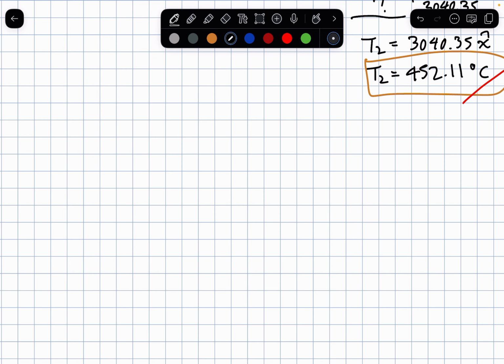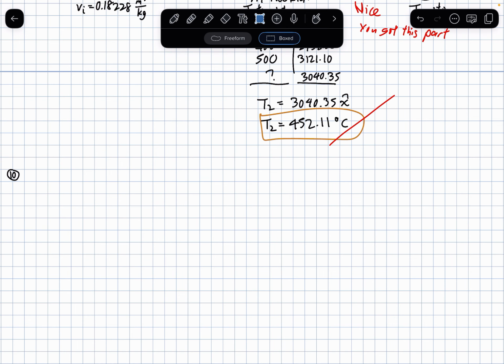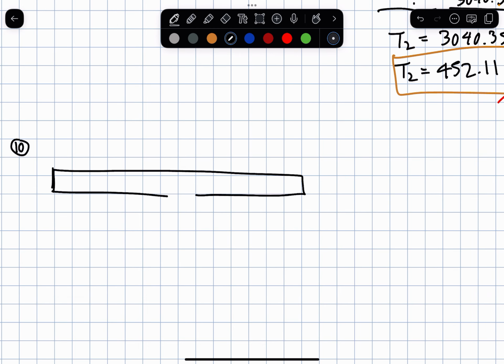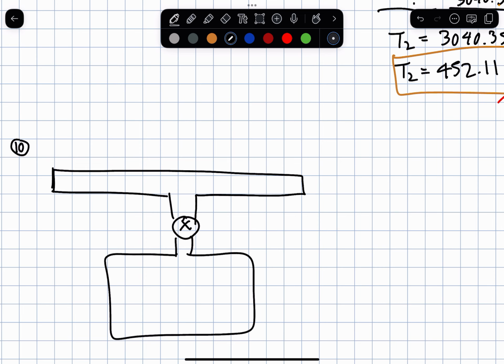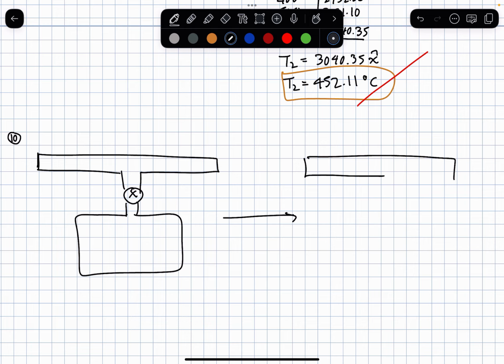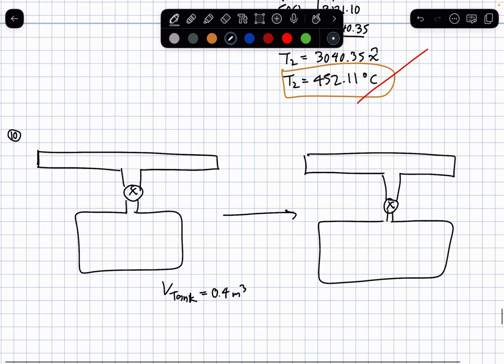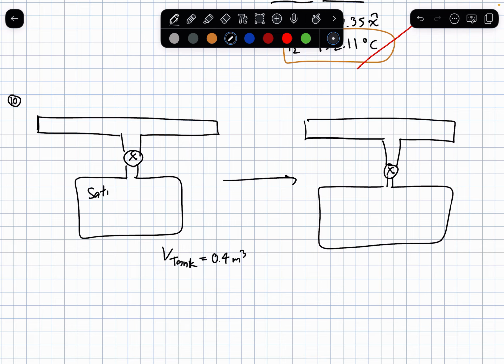Let's go now to number 10. Okay, so we're gonna use the same tank. I'm gonna draw it again. Volume this time, so we're given information on the volume of the tank. Initially contain saturated vapor at 350 kilopascal.